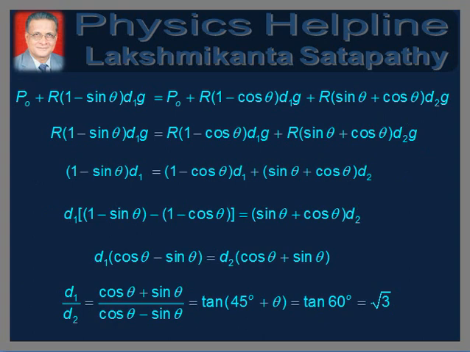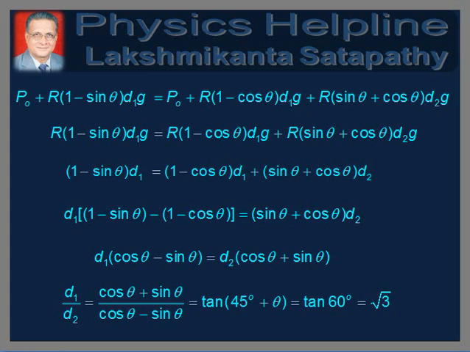Equating P1 and P2, we get P0 plus R into (1 minus sin theta) into D1 g equal to P0 plus R into (1 minus cos theta) into D1 g plus R into (sin theta plus cos theta) into D2 g.